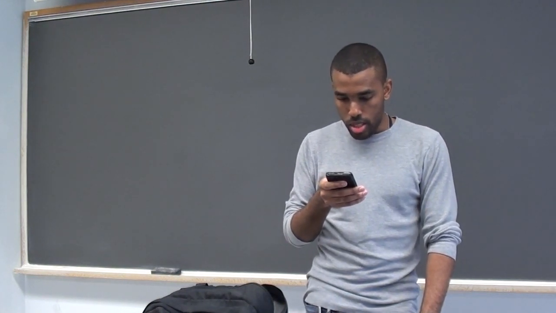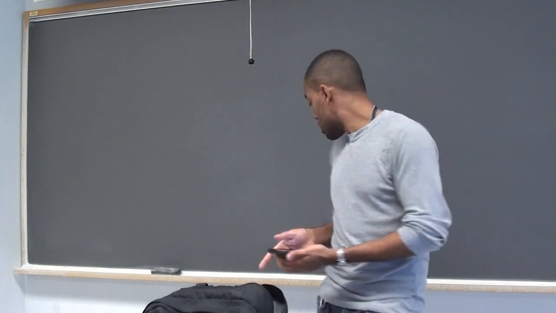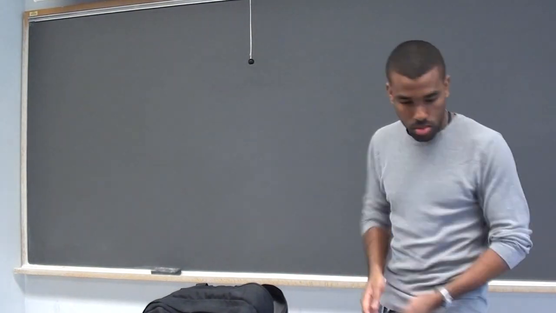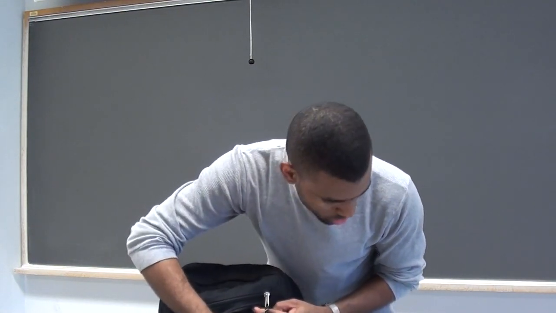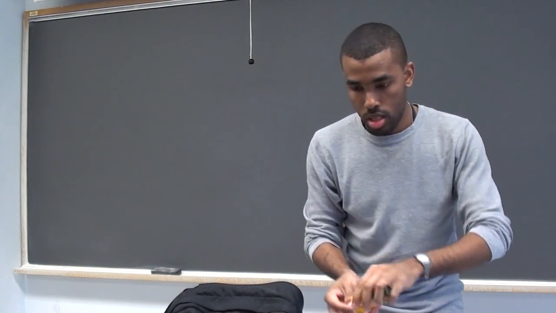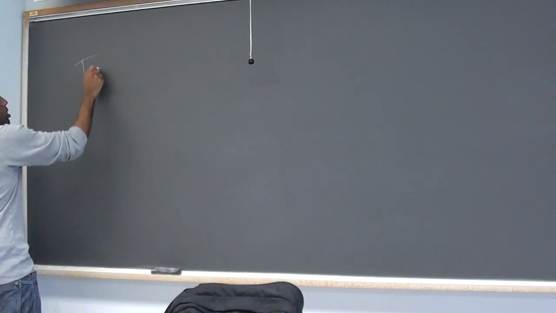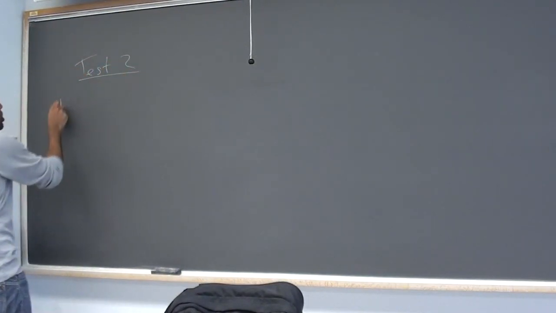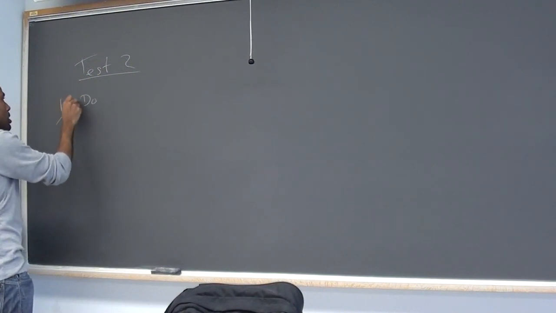The second problem is just computing a random surface integral over a vector curve, right? So problem 1 has 2 parts.